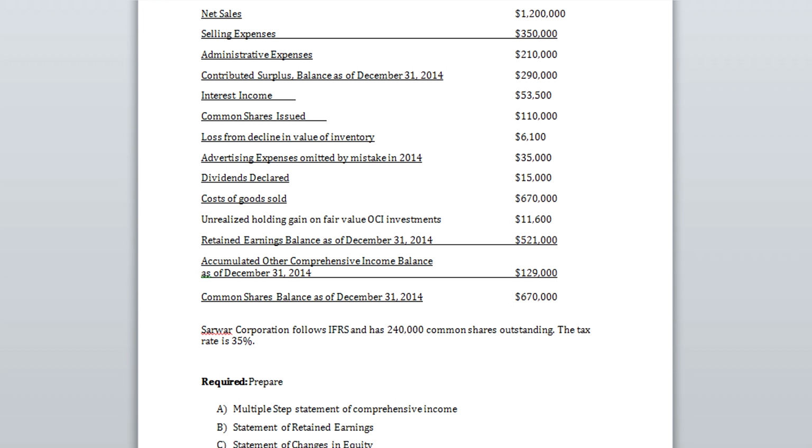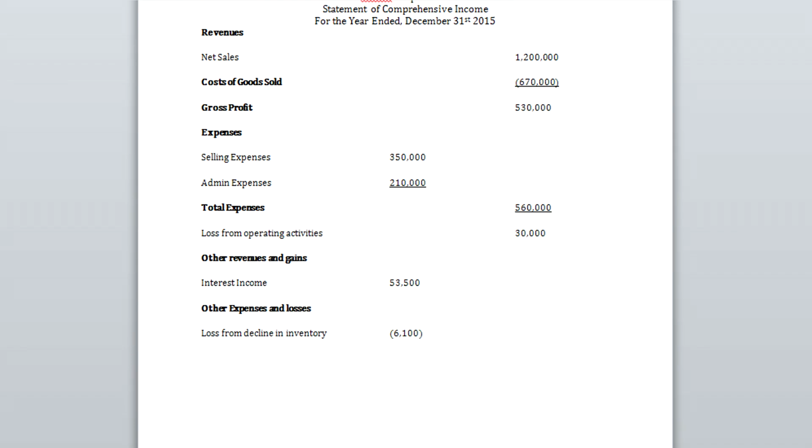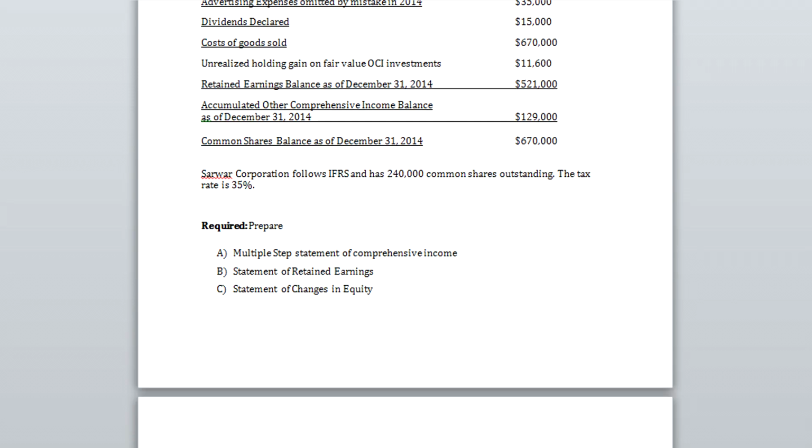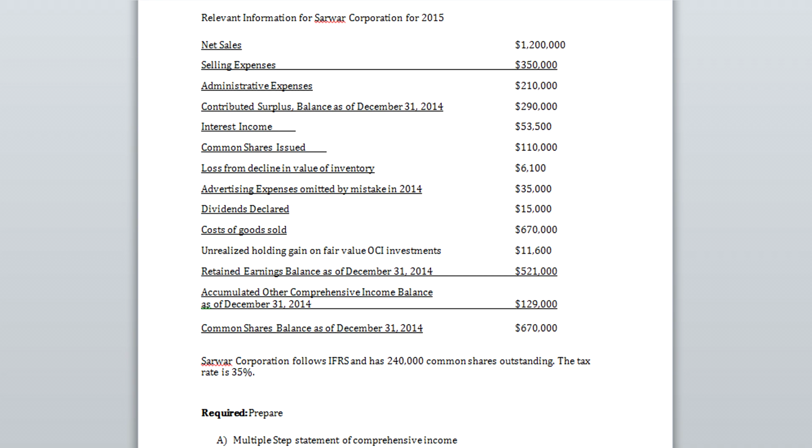And then the last item here is this unrealized holding gain on the fair value of OCI investments. Okay, now you might see the word gain here and go, oh my gosh, that's a gain, we probably should have included that in our other revenues and gains section. And you're on the right track in thinking that, but notice how it has the word OCI here.